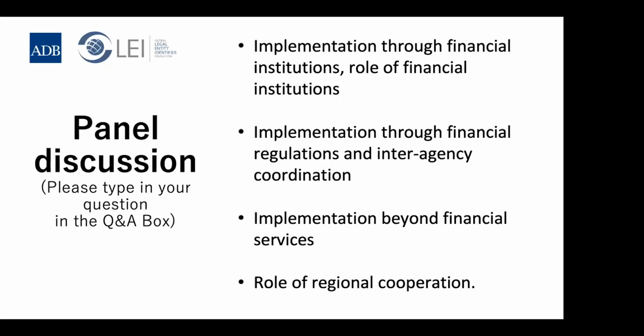So for the SMEs in China, if they have an LEI, maybe they can do business more easily or efficiently with that partner in cross-border scenarios. Yes, this is my view.